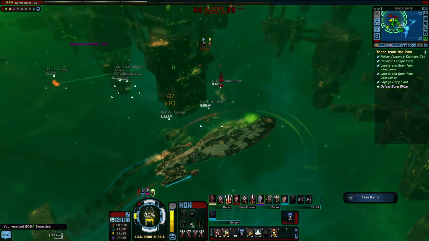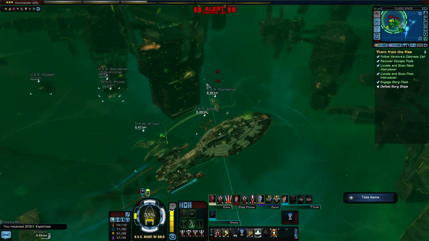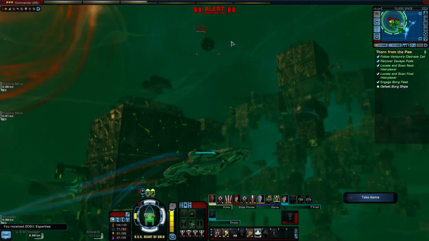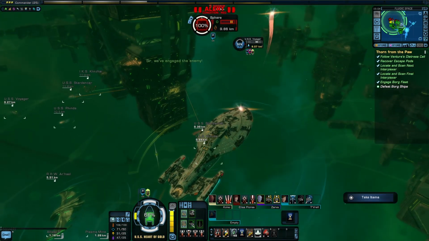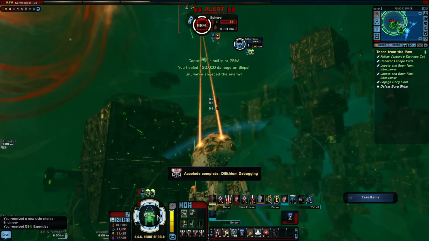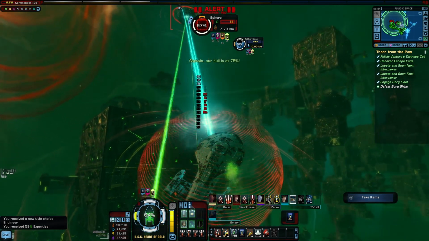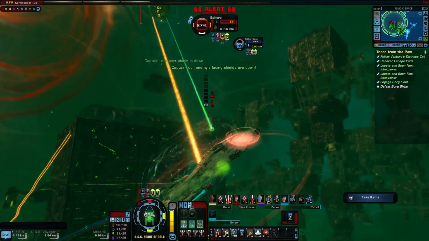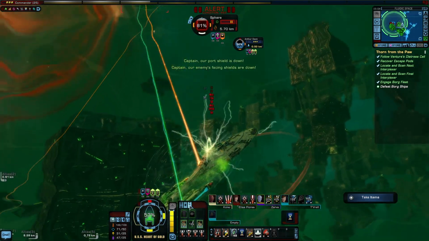Hull integrity at 30%. Oh boy. That sphere is looking juicy. I'm sure I can take that on, can't I? Oh, he's draining my shields. Lovely. Crap.